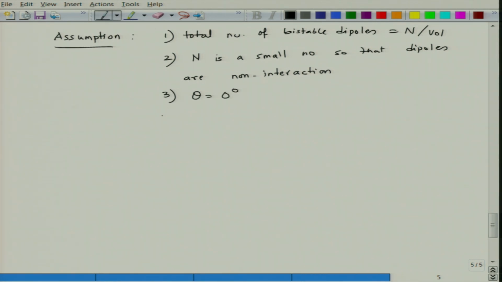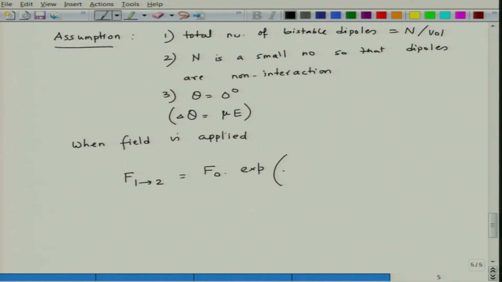So, when theta is equal to 0 degree, then the extra Q that will be is equal to mu E, such that delta Q is mu E. So, when you apply a field, then F12 will be equal to F naught into exponential of minus of (QA minus mu E) divided by kBT.